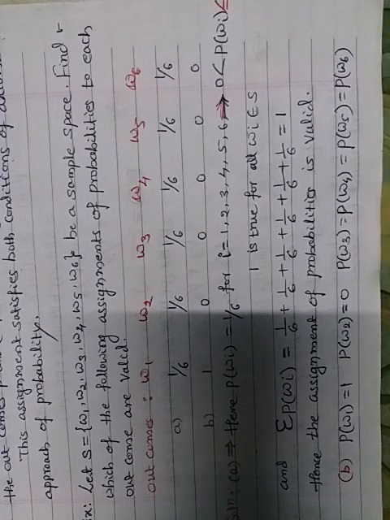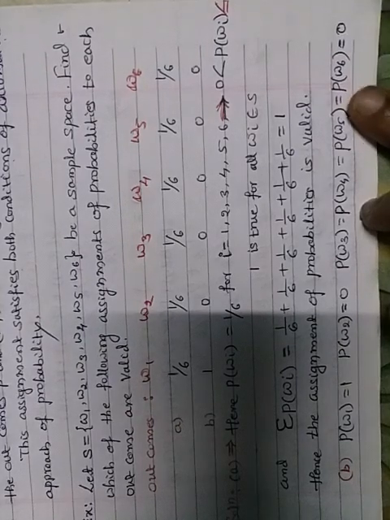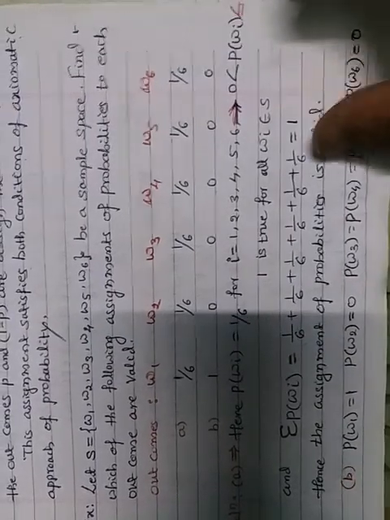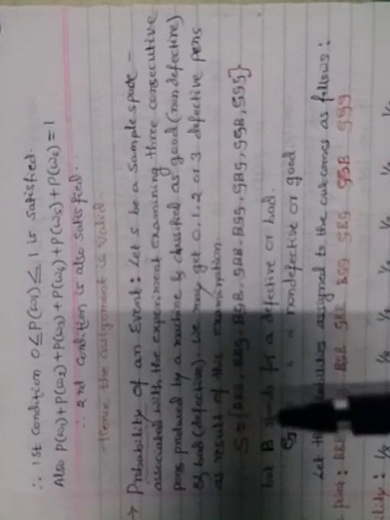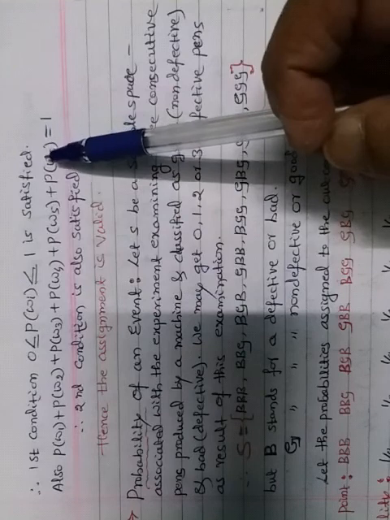Therefore, what is the first condition? 0 is less than or equal to probability of omega I, which is less than or equal to 1, and it is satisfied.